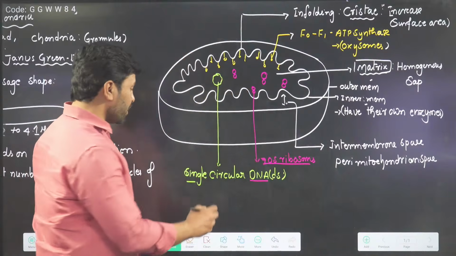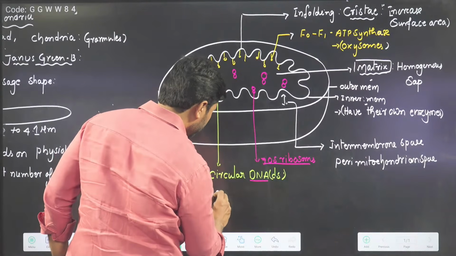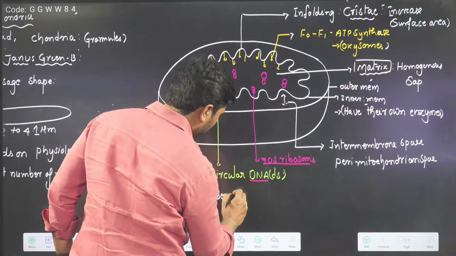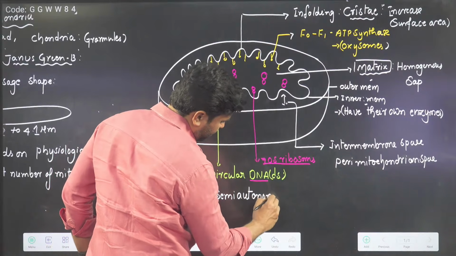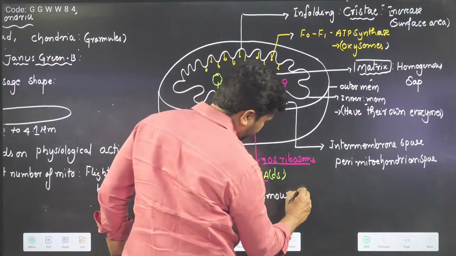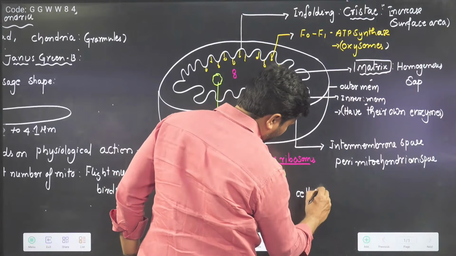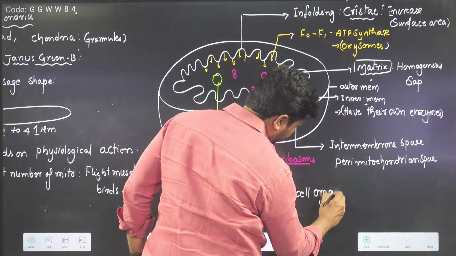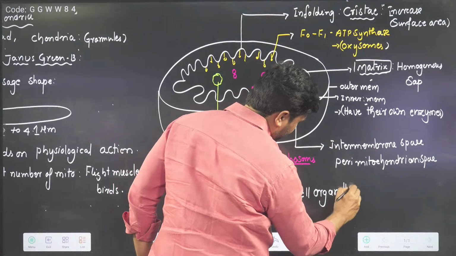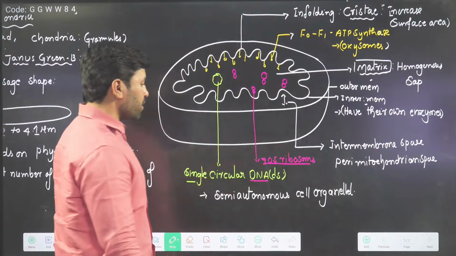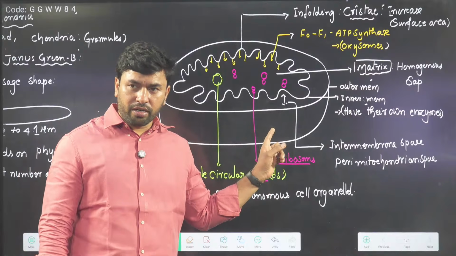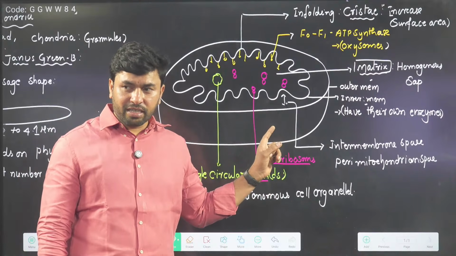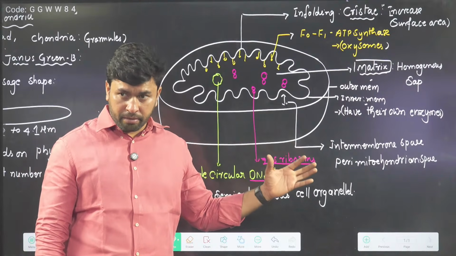That nature is known as a semi-autonomous cell organelle. It's not completely autonomous, it is semi-autonomous, which means I have taken the mitochondria and I am asking it to survive independently.